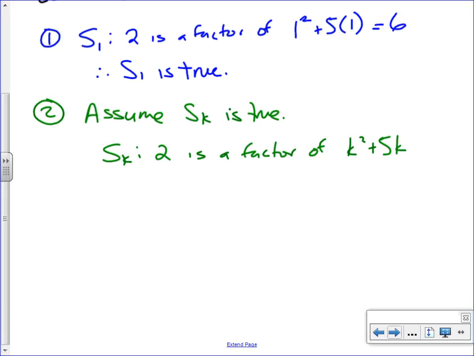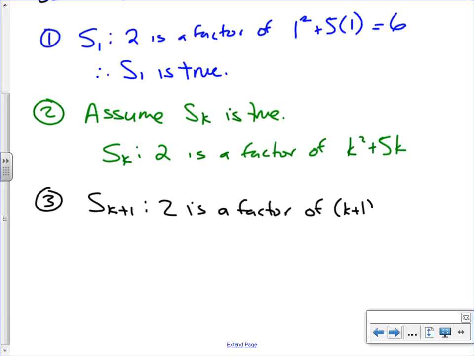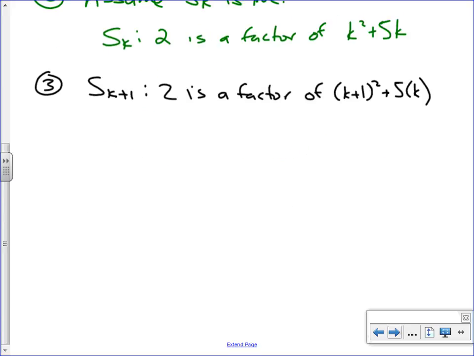So step 3 would be S(k plus 1): 2 is a factor of (k plus 1) squared plus 5 times (k plus 1). Sorry, it's 5 times (k plus 1).